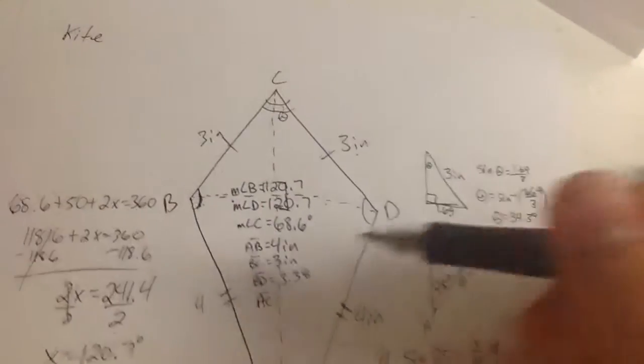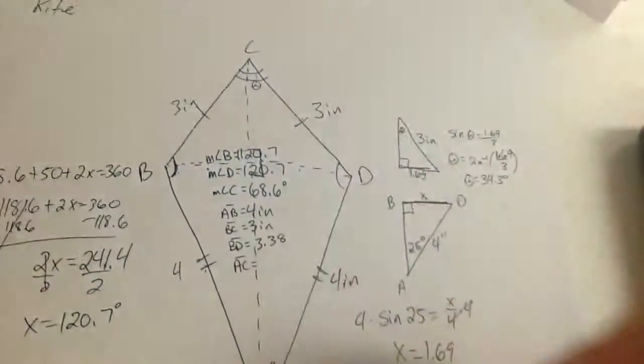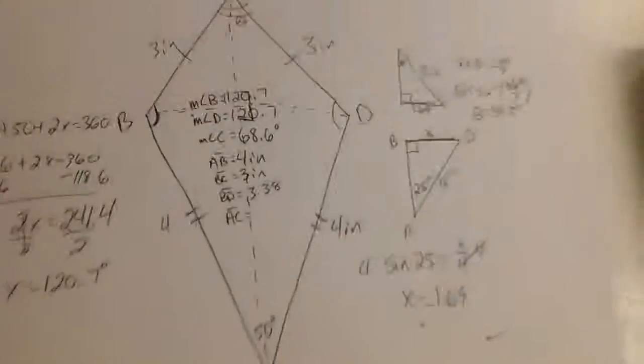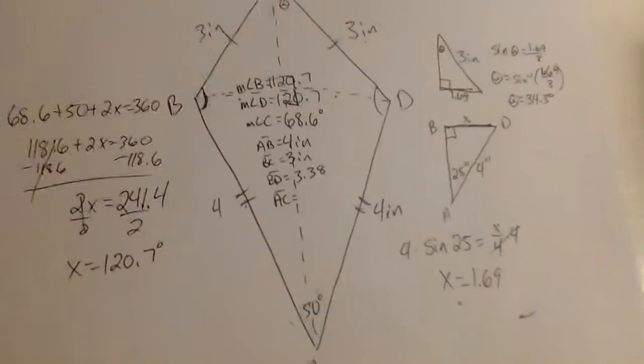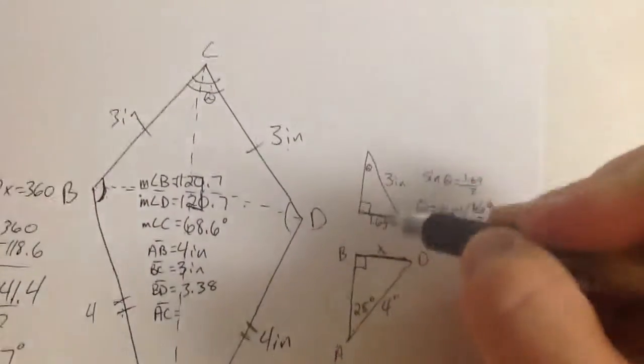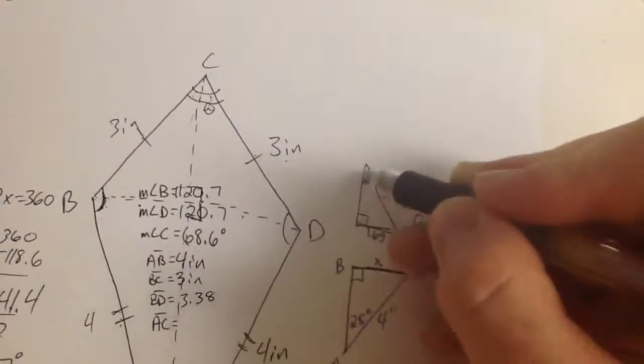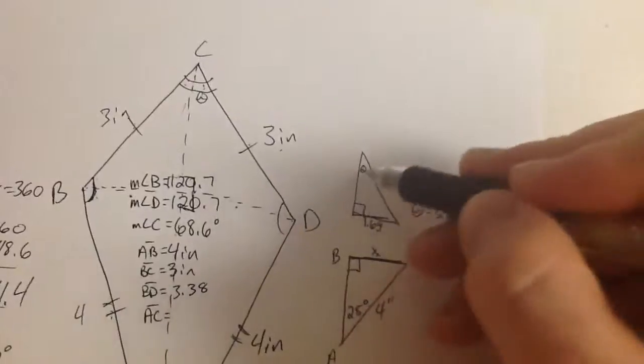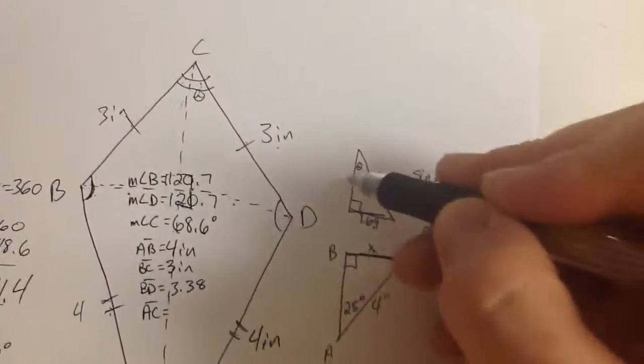And then we got AC, the measure of the long diagonal. That one we haven't done yet. That's going to take some work. But, you know what, I'll actually just leave that one for you. Because look, you got a right triangle right here. This top one. You know two sides, you could just do Pythagorean theorem if you wanted to get this side. You could do SOHCAHTOA using that angle, whatever you want to do.